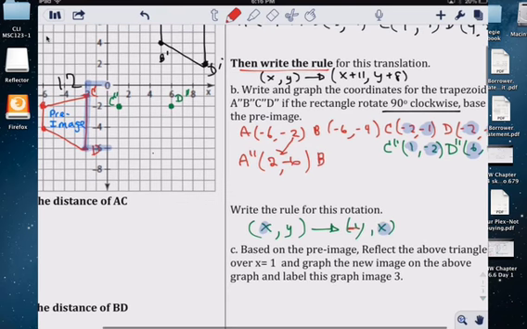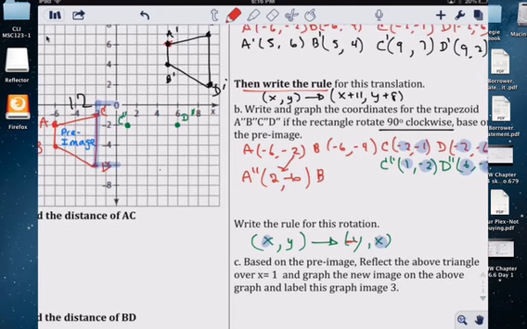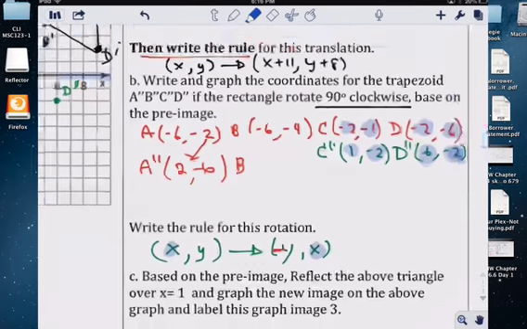B, you want to check and make sure, look. The x's are all positive numbers, and the y's are all negatives. The y became its opposite. Alright.